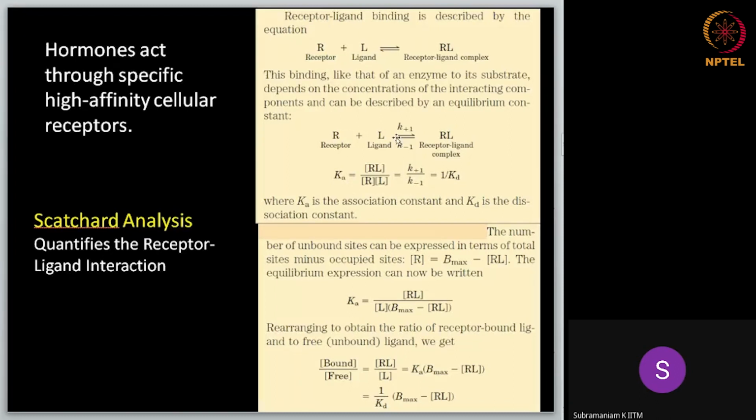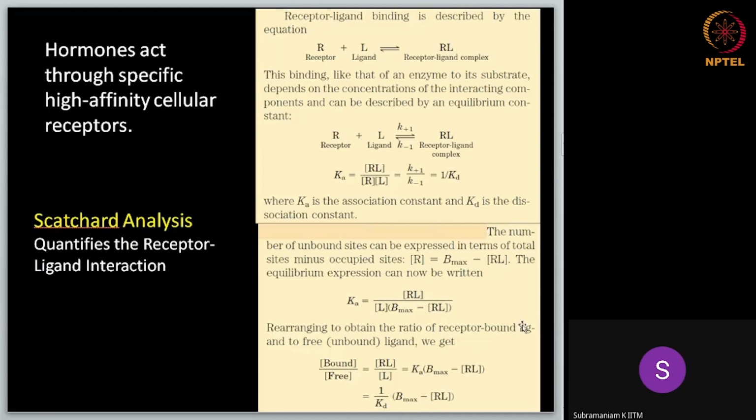The equilibrium constant for the association will be 1 by the equilibrium constant for the dissociation. So remember that. Normally we refer in terms of KD, the dissociation constant. In layman terms, KD equals the concentration at which 50% are bound and 50% are unbound.